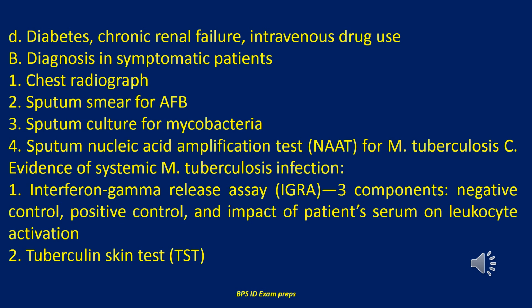Evidence of systemic Mycobacterium tuberculosis infection includes: 1. Interferon gamma release assay, IGRA, which has 3 components: negative control, positive control, and impact of patient's serum on leukocyte activation. And 2. Tuberculin skin test, TST.